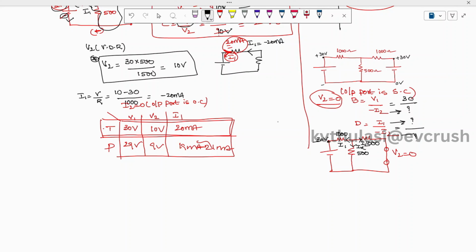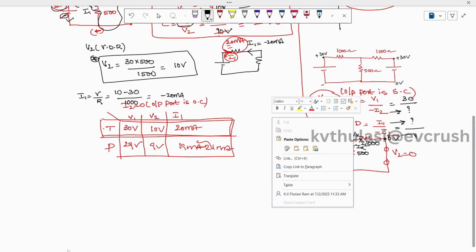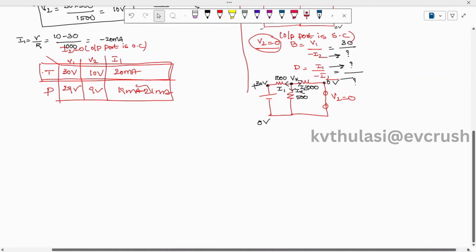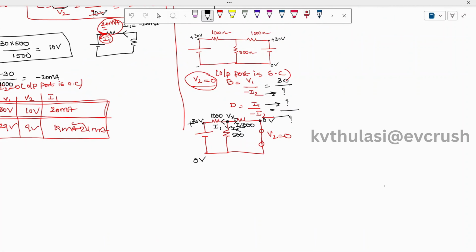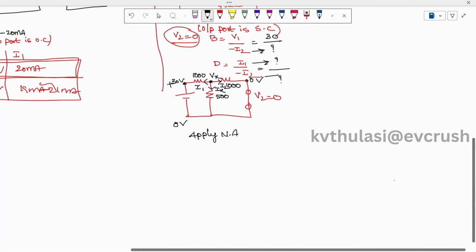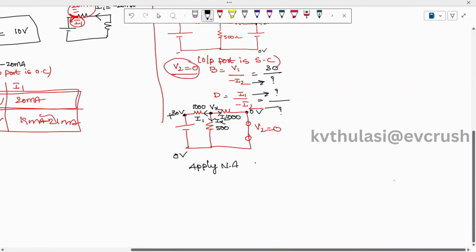The voltage at this point is plus 30, this is 0 volts, and here the voltage is also 0, and this will act as a new node Vx. So let's apply nodal analysis at node Vx.